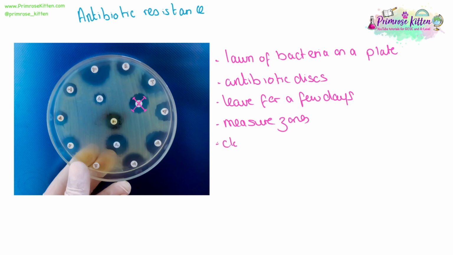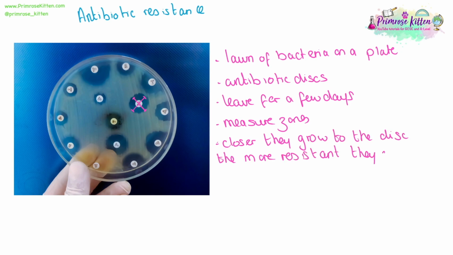Always good to measure it in 2 different places and work out the average of this. The closer that the bacteria can grow to the antibiotic disc, the more resistant they are to that particular antibiotic, antifungal, or antiseptic that you've put on there.